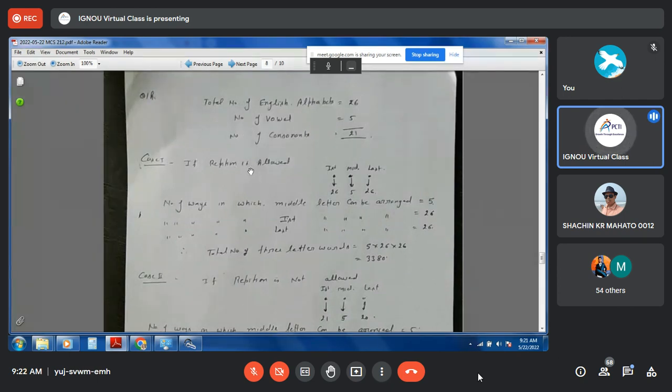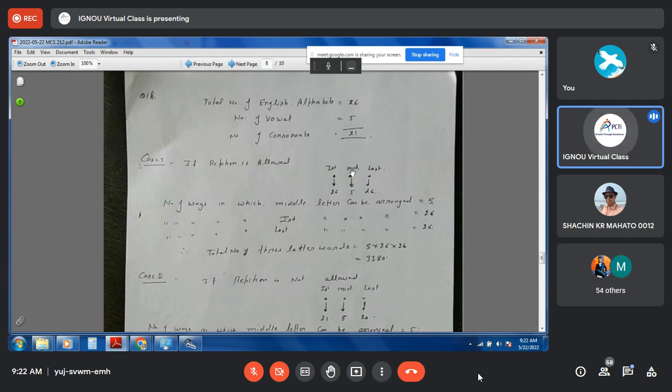So, case 1: if repetition is allowed. Remember the bifurcation here. Total English alphabets 26, vowels 5, consonants 21. Here the condition was that the middle letter should be a vowel. We will start from the middle, not from the left or the right.